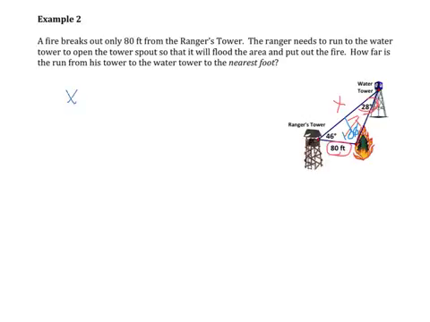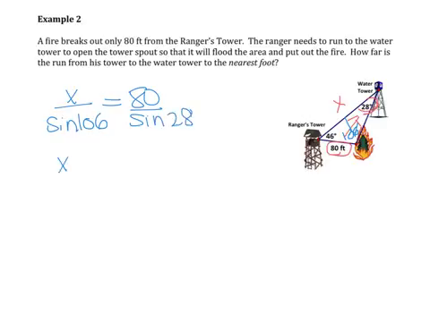So we have x over the sine of 106 is equal to 80 over the sine of 28 degrees. So x is equal to 80 sine of 106, all divided by sine of 28.